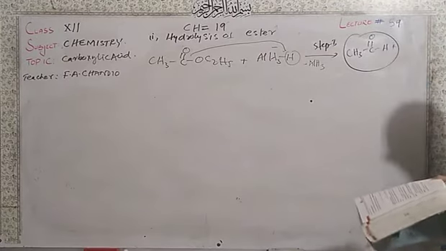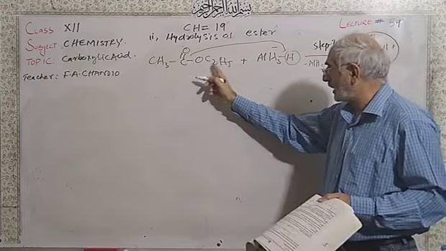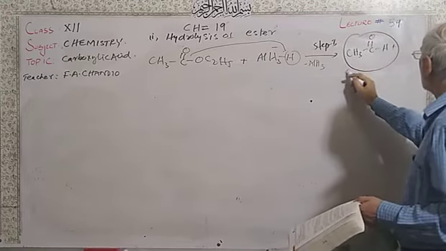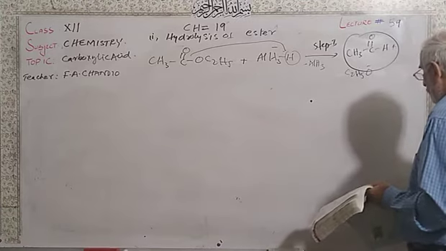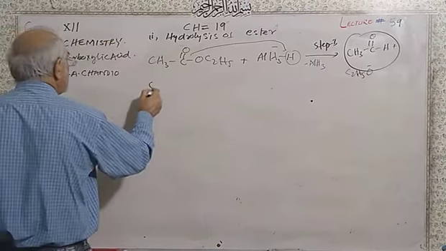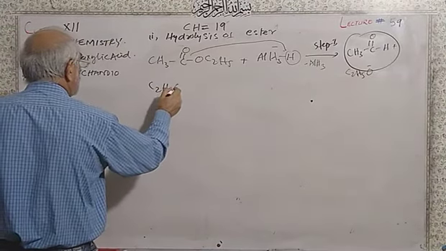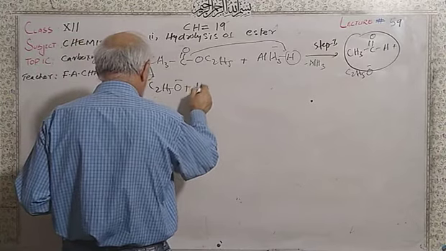After formation of the aldehyde, you are seeing the ethoxy group here. After ethoxy formation, step number 2, ethoxy, and there is again acid hydrolysis, hydronium.